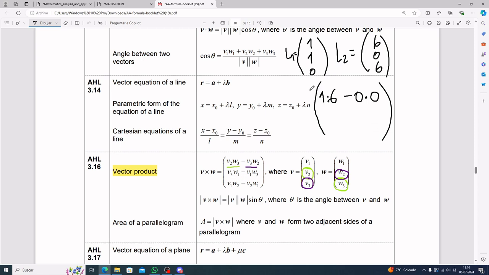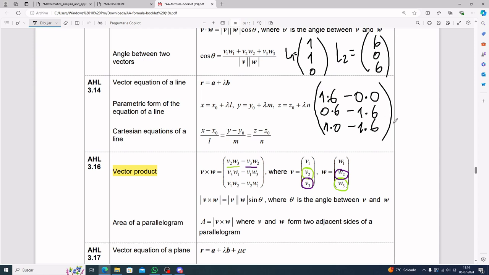So V3 is 0, so 0 times W1, which is 6, minus V1, which is 1, times the last one of the second, W3, times 6. And then this last one over here, you have V1 times W2, so 1 times 0, minus V2, which is 1, times W1, which is 6.